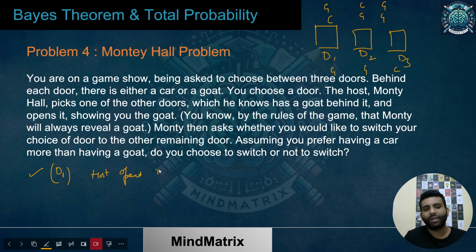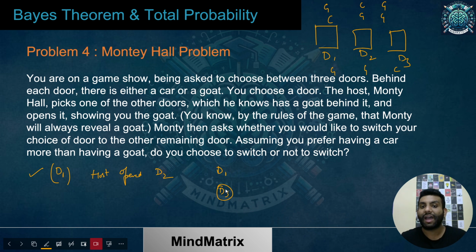Then he will ask whether you would like to keep your opinion with D1, or change it to D3. Whatever choice you pick or stick with, according to that, you may win or lose the car.